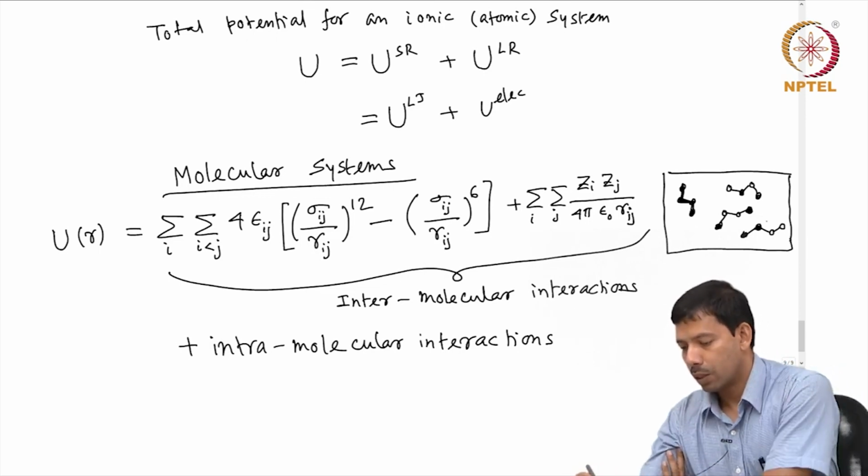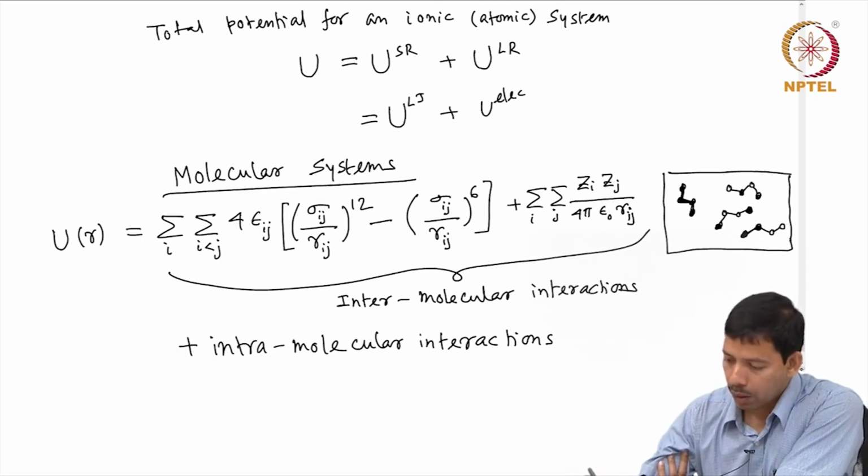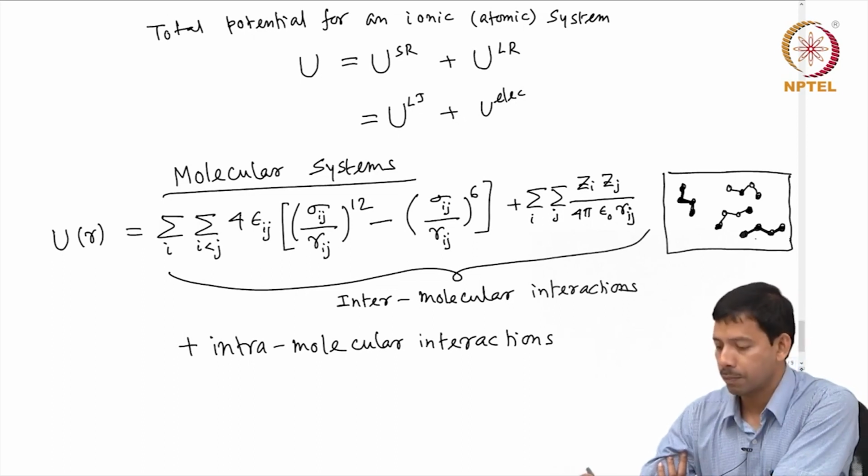So, here in each of my molecules, I do have a bond between here and here, here and here, another bond, here and here, another bond. And each molecule also has angles. Here is one angle, here is another angle, and then I do have a dihedral composed of 4 atoms.